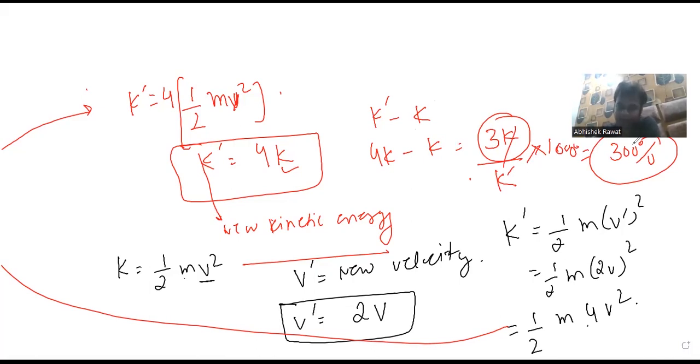So you need to understand the difference between increase by and increase to. If the question asks you, if the kinetic energy increased to how much percent, then you will say 400%, because in that case you have to use the 4k value, since it is going from k to 4k. So basically a 4 times increase. But in this question, it is asking by how much percentage it is increased.